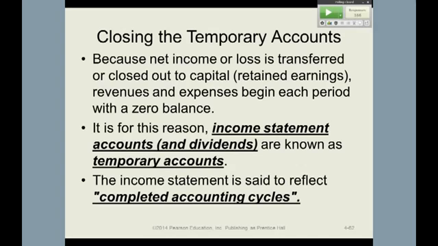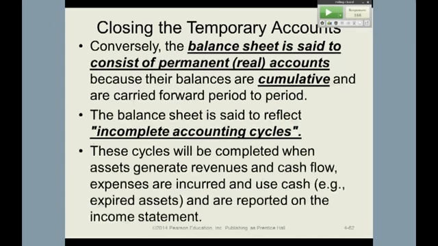So income statement accounts and dividends are temporary, and as we said, the income statement is made up of completed accounting cycles. Just to review, I'm trying to embellish on what's on these slides, so make sure that you take some notes as well. We did mention that the balance sheet accounts are cumulative, they are permanent accounts, and they carry over period after period.